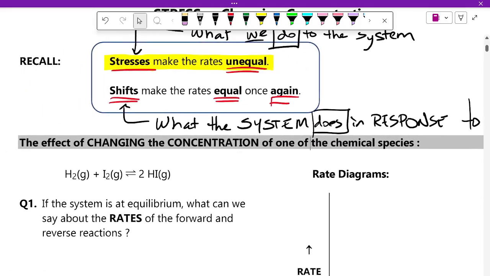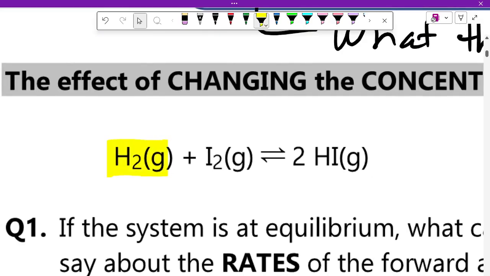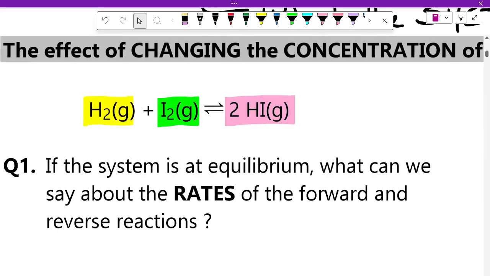All right, so we are now going to look at the system where we have H2 plus I2 in equilibrium with 2HI. If the system is at equilibrium, what can we say about the rates of forward and reverse reactions? They are equal.